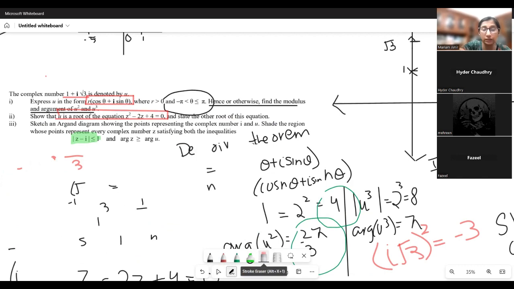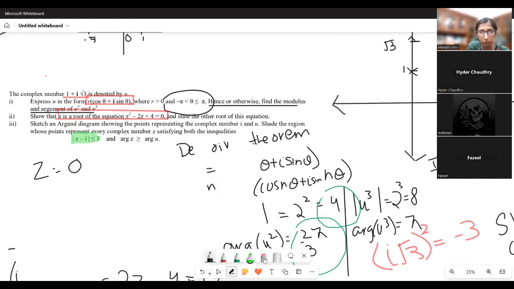So that there is a circle whose center is 0 plus iota. Because when you equate this part to 0, you get z equals 0 plus iota. So the center is 0, 1, and the radius is 1. Let's plot that.